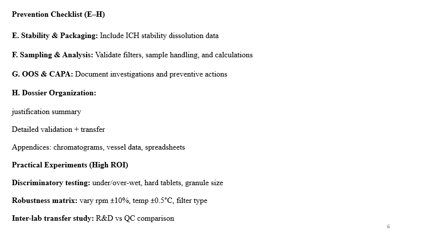So if any OOS is there, or an incident during the analysis, it should be properly justified, root cause should be identified and all the documentation is required to be included. And how you have taken the measures to prevent the occurrence of the OOS.